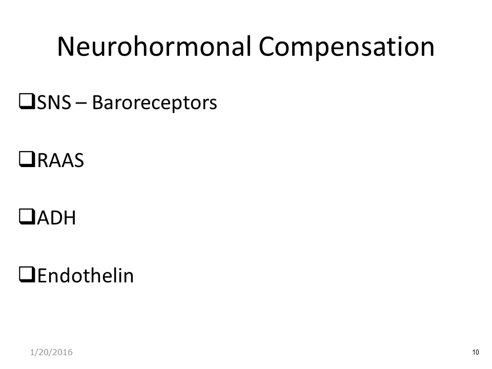So the kidney will release renin. Renin will go to the liver and convert angiotensinogen to angiotensin 1. Angiotensin 1 will meet with angiotensin converting enzyme in the lung.